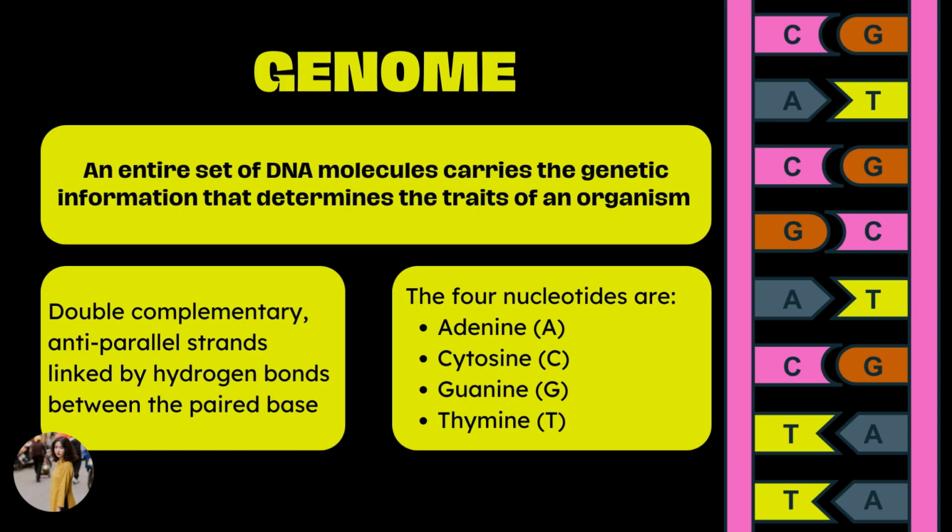It is actually double complementary antiparallel strands linked by hydrogen bonds between the base pairs, and the bases are nitrogenous bases, including the 4 nucleotides adenine, cytosine, guanine, and thymine.